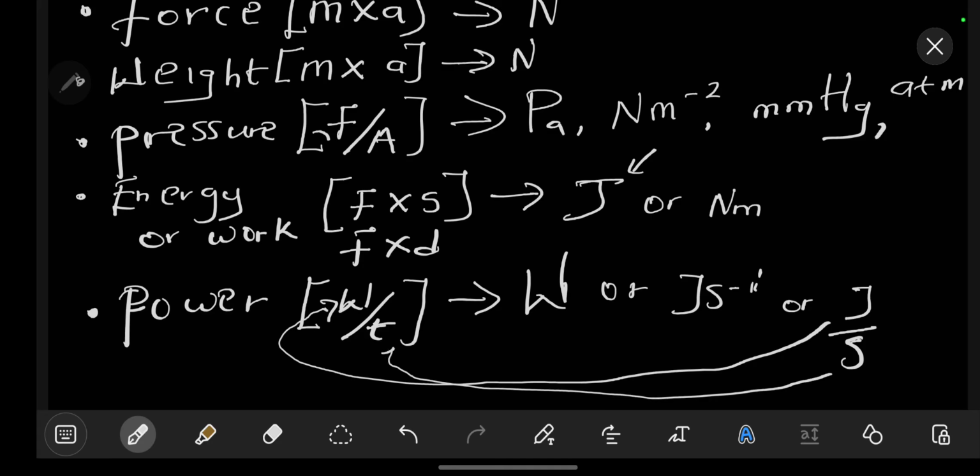So when you say work over time, you simply mean joules per second. So it's the exact thing here. Logically, you can get the unit from the formula, but it doesn't work in all cases. But in most cases, it does work. So you can either leave your answer in watts, or you can leave your answer in joules per second. Most commonly, you should leave your answer in watts.